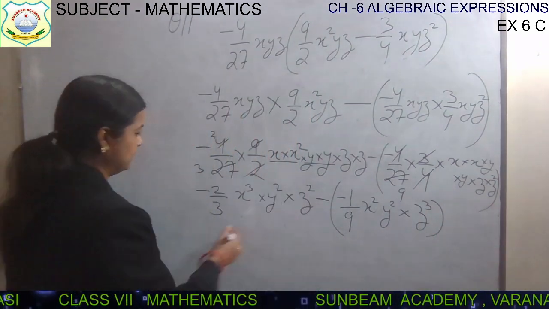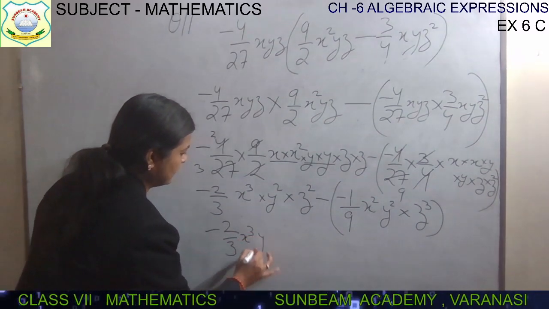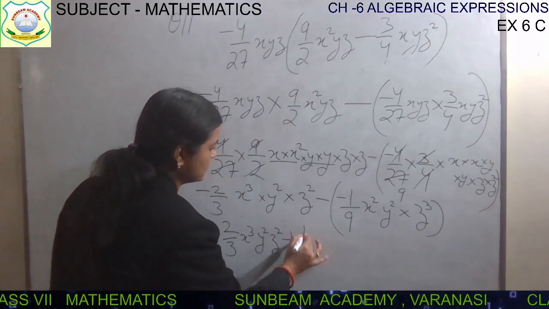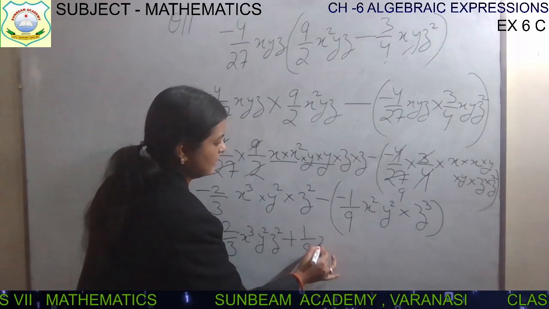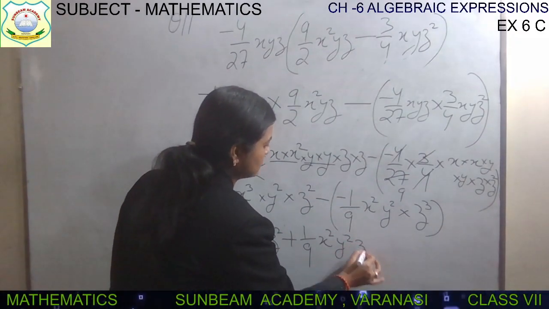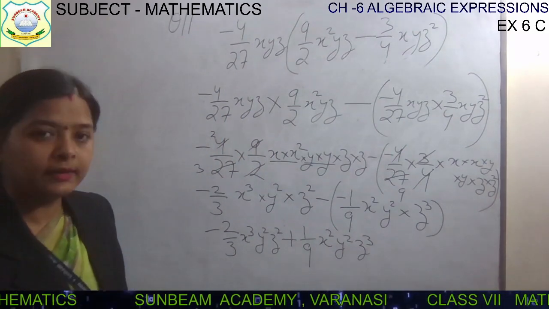Okay, now open this bracket. Minus 2 by 3 x cube y square z square. Minus will become plus 1 by 9 x square y square z cube. This will be your final answer.